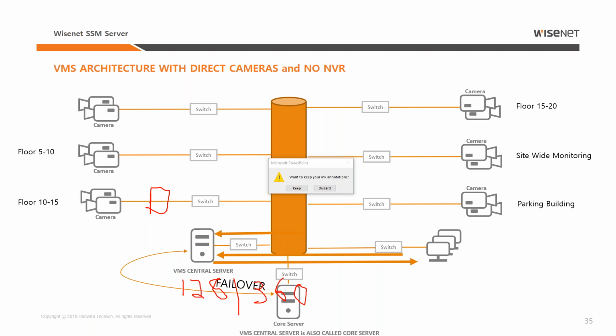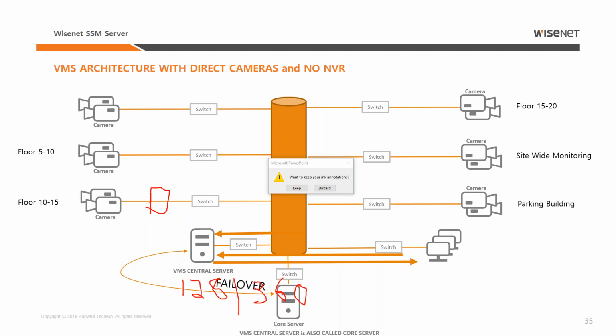Now let's take this 1000 camera project, and I'm using a PRO recorder. This is from Hanwha, and it has pre-licensed 360 camera licenses. So for this particular project, how many PRO servers will I require? 1000 divided by 360.